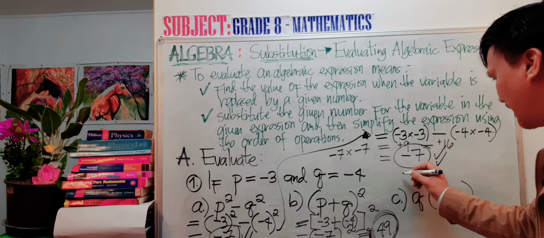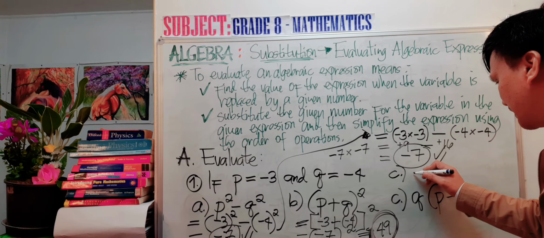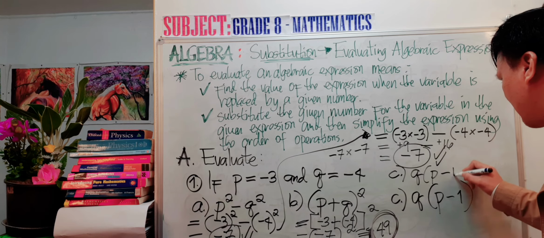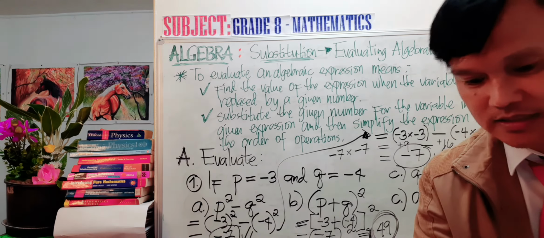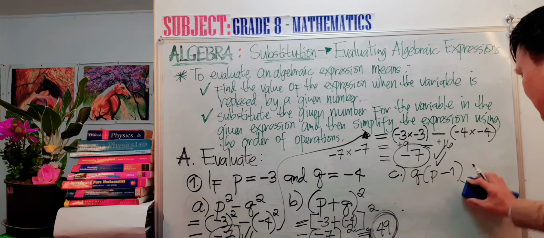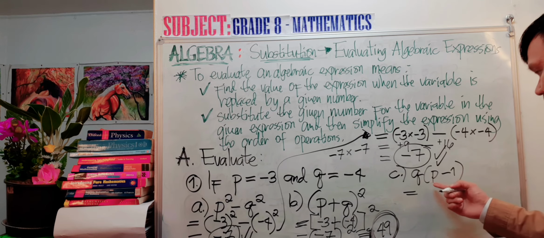Our second, I have to put it somewhere here. All right, so that is letter C. Letter C is Q, open P minus 1. So I can use this space over here. Okay. Next one is, what about this? All right.